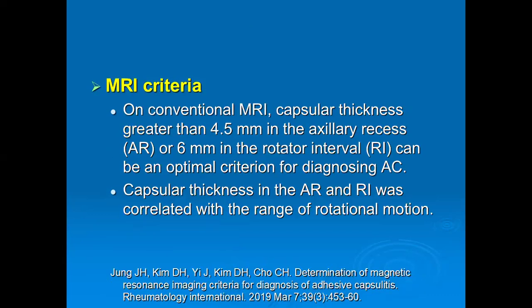What is the criteria, on the basis of the abnormal features on the MR, to decide that the person has adhesive capsulitis? If the thickness of the capsule in the axillary recess, which is most commonly thickened in adhesive capsulitis, is greater than 4.5 millimeter, or if the thickness of the rotator interval is more than 6 millimeter, in both cases the criteria indicate that the person has adhesive capsulitis.